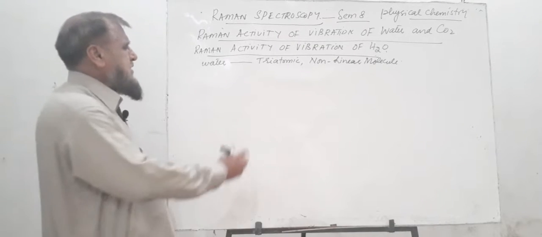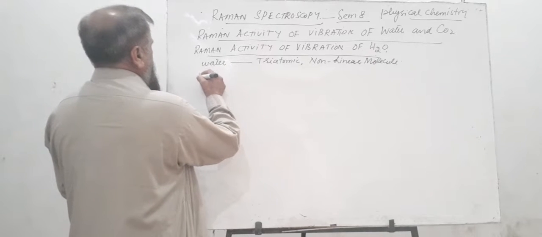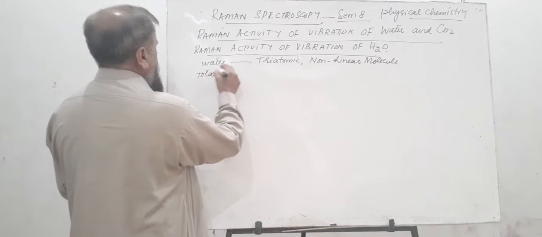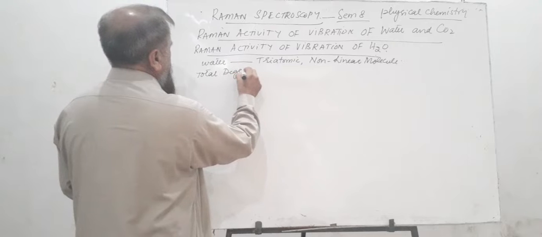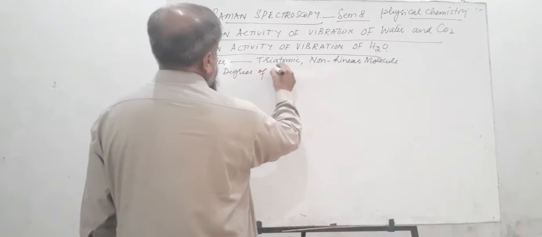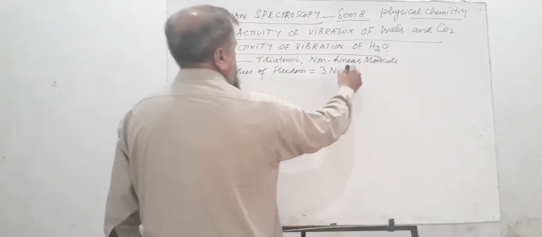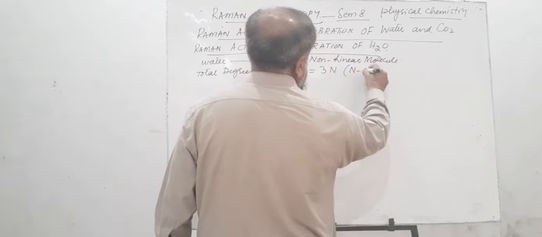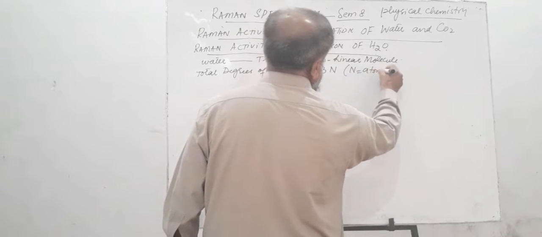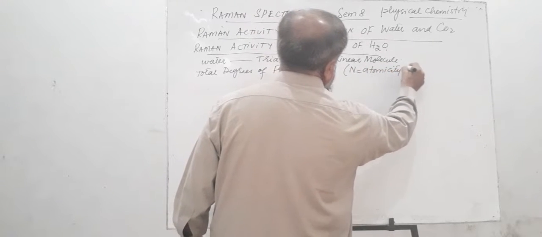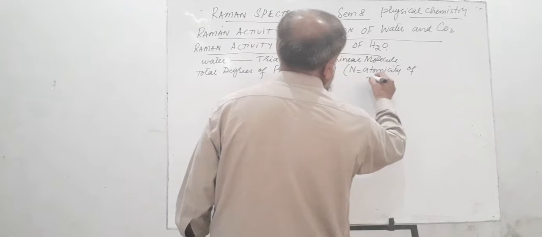Now we had discussed that the total degrees of freedom for a molecule are given by 3n, where n is the atomicity of molecule, number of atoms present in a molecule.